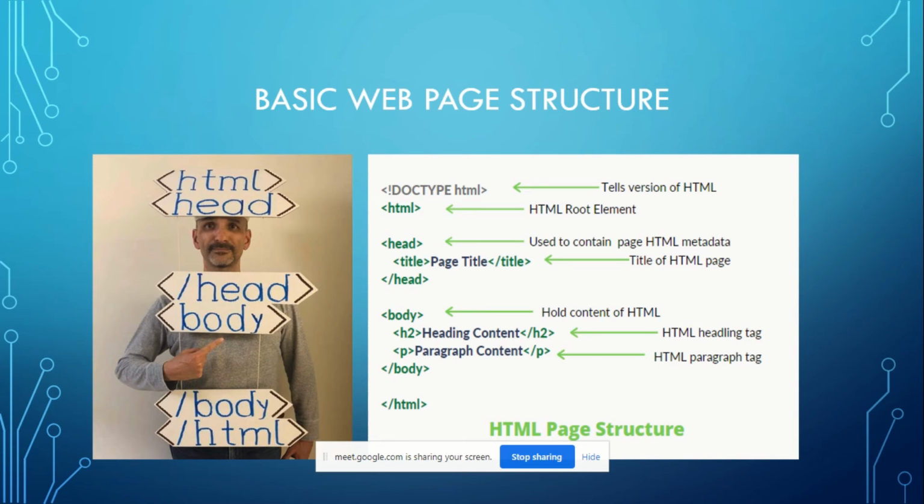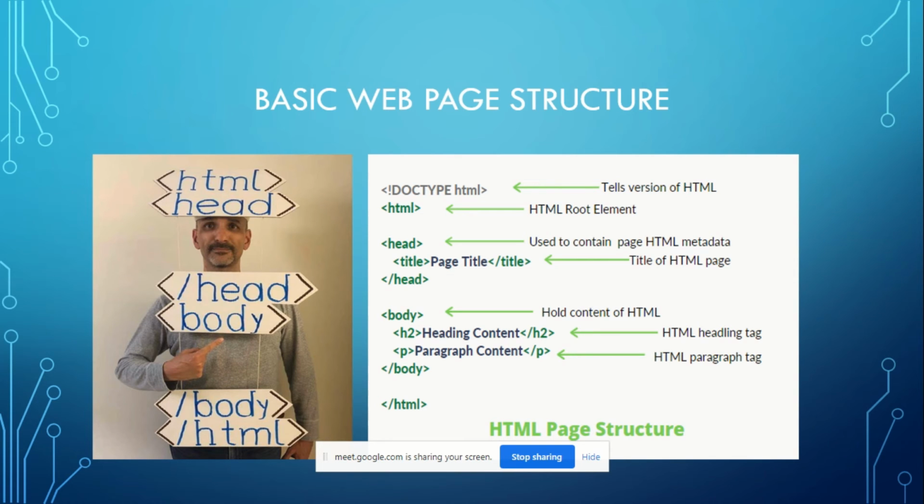The title tag contains the text that will be displayed at the title bar, the title of your HTML page. Meta I've not included in this diagram. However, meta simply means data about data. So it contains information about that particular website.